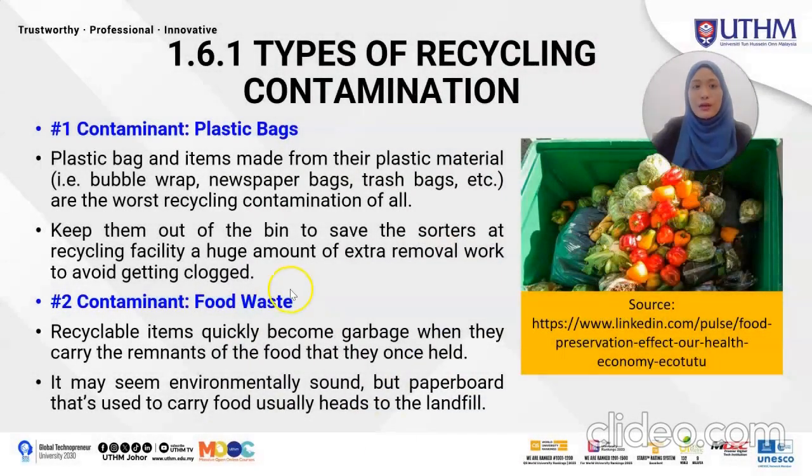We need to get them out of the bin to save the other recyclables. At the recycling facility, a human or extra removal work is needed to avoid clogging. So we need to throw all items made with plastic material into another dustbin to avoid the clogging.